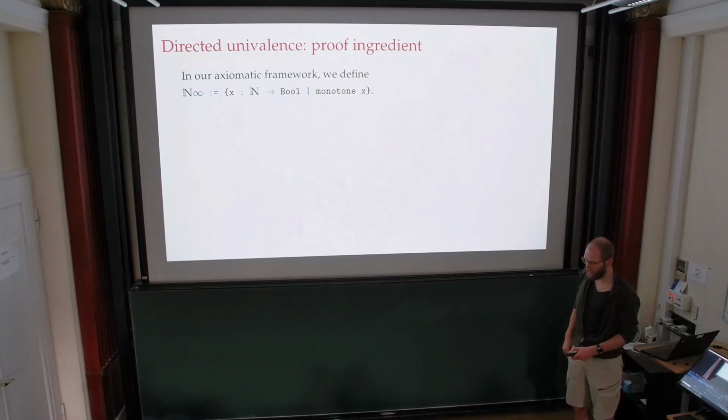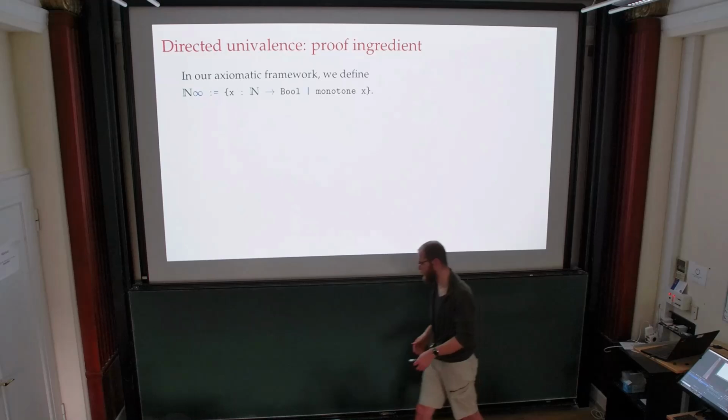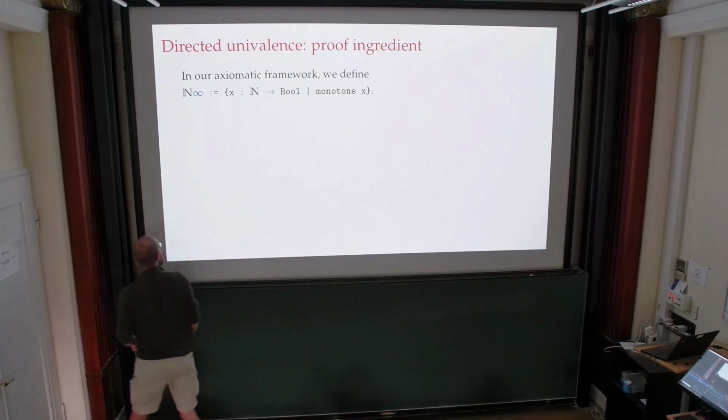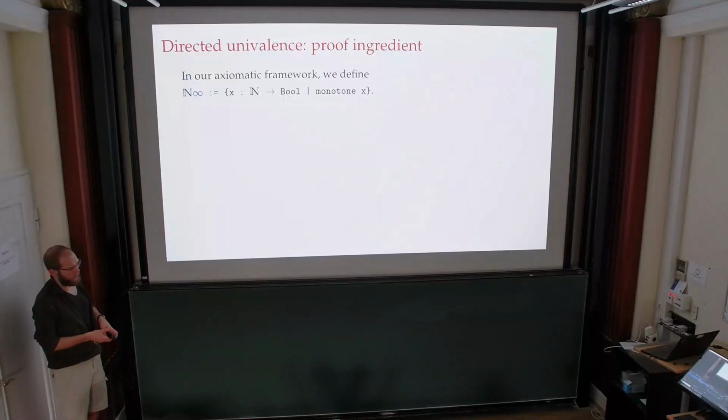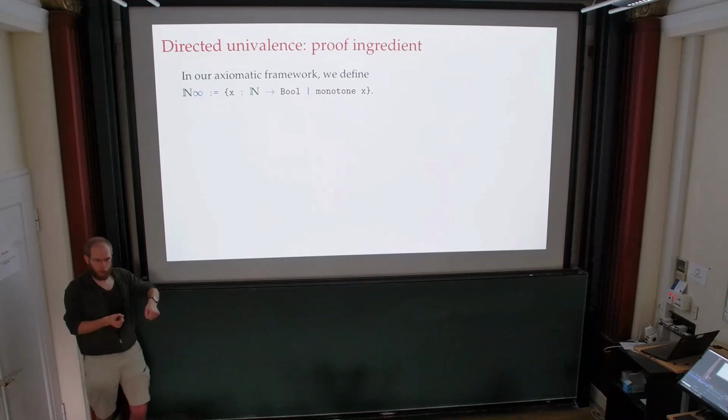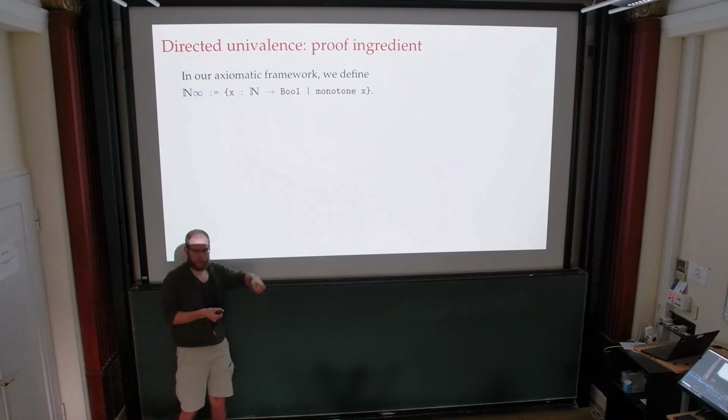Okay, and so why is that the one-point compactification? Well, you can take a function and it can send 0 to false, 1 to false, 2 to false, and at some point it sends a number to true maybe, and from then on it has to be monotone, it will keep on mapping numbers to true.